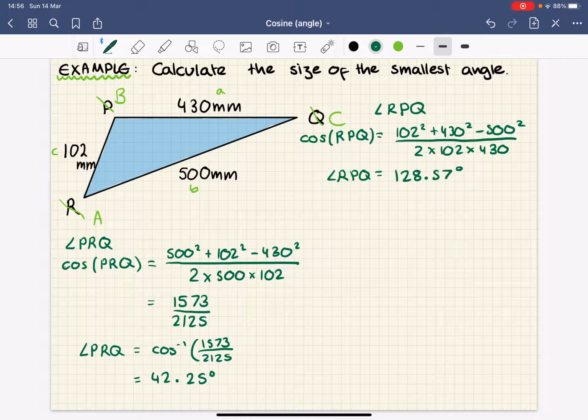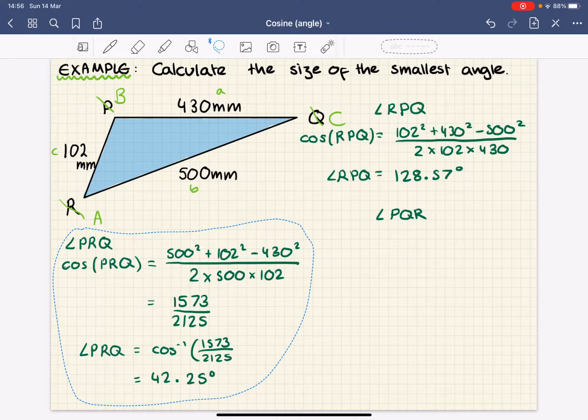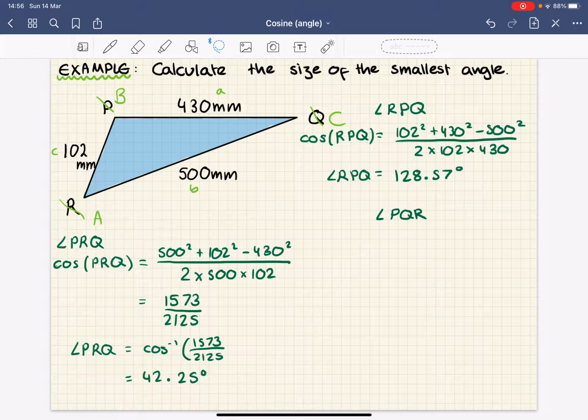So then my last one, my angle PQR. And again, I could put this in the calculator or I could use my knowledge of triangles. I'm just going to do the substitution in the calculator so we can look at some key bits. I'm just going to shift this a little bit over.